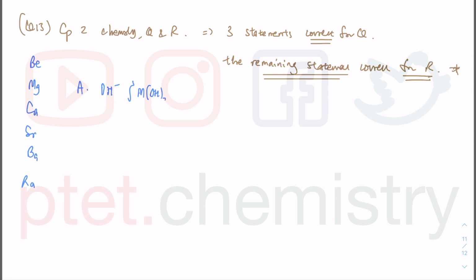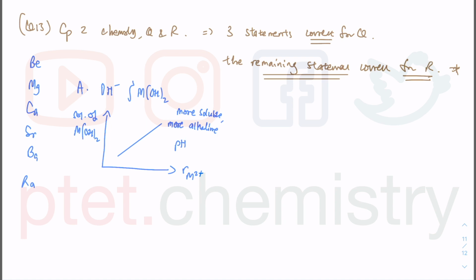So I need to know about the solubility of the hydroxide. The group 2 hydroxides will become more alkaline down group 2 as the cation gets bigger, as you have more shells. More alkaline because it is more soluble. So therefore, more alkaline, your pH is going to be higher, closer to 14.